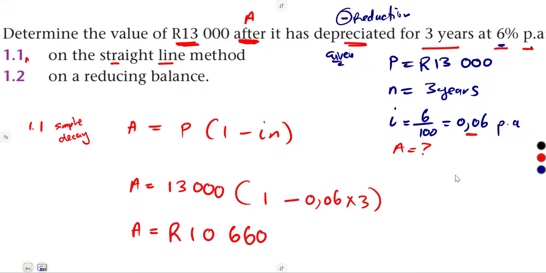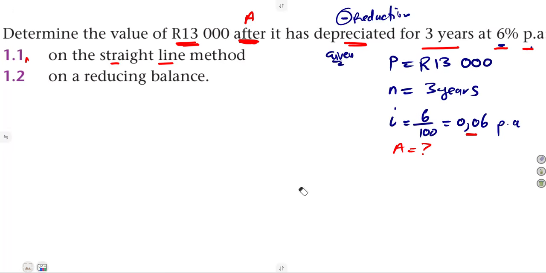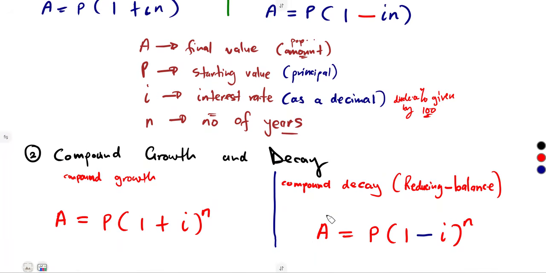That is how we can play around with our formulas. We are going to refer to other sections of the class, especially on this reducing balance method, as we move on. The reducing balance method is the condition when we are dealing with a compound decay.